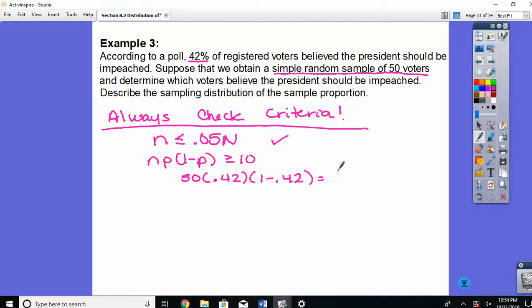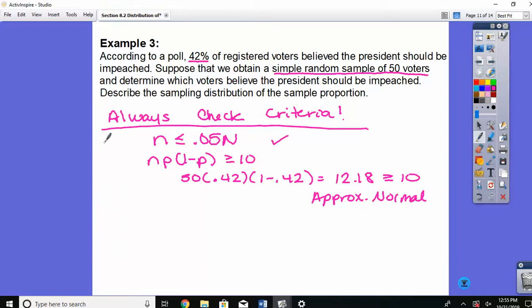Okay, so if I multiply those, n is 50, p is 0.42, and we get 12.18, which is greater than 10, so that means it is approximately normal. So those are your two criteria that you have to start.